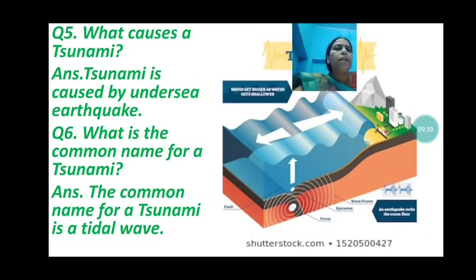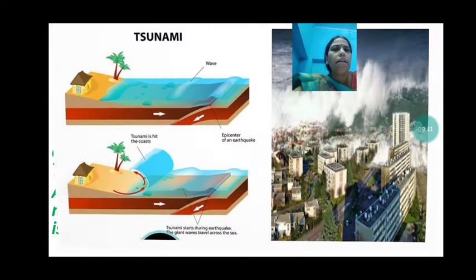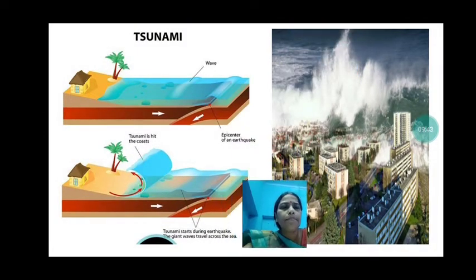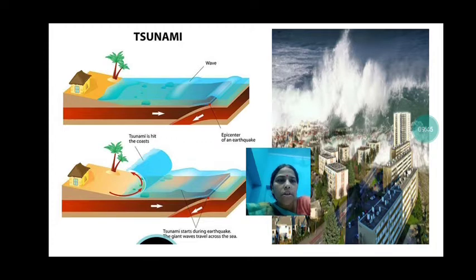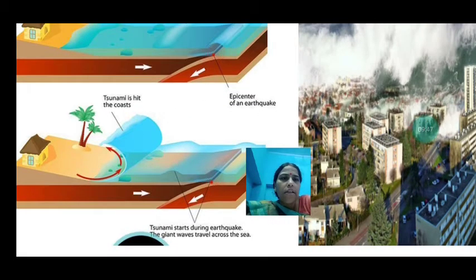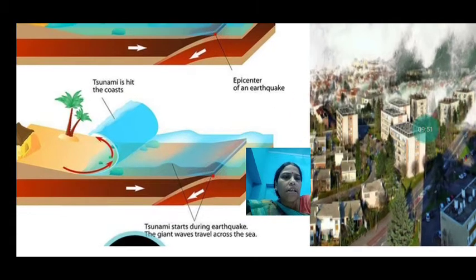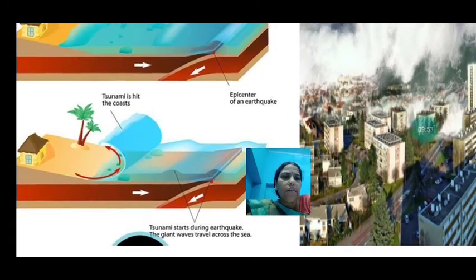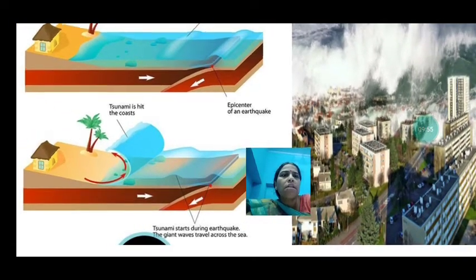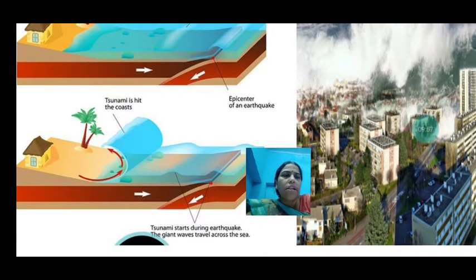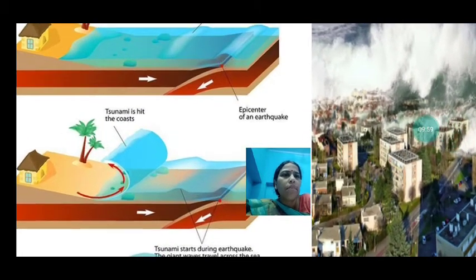So let us understand that in detail. See here, a tsunami starts during an earthquake. The giant waves travel across the sea. So there is an earthquake and the waves are traveling across the sea. And the epicenter of an earthquake, what is the meaning of the epicenter?